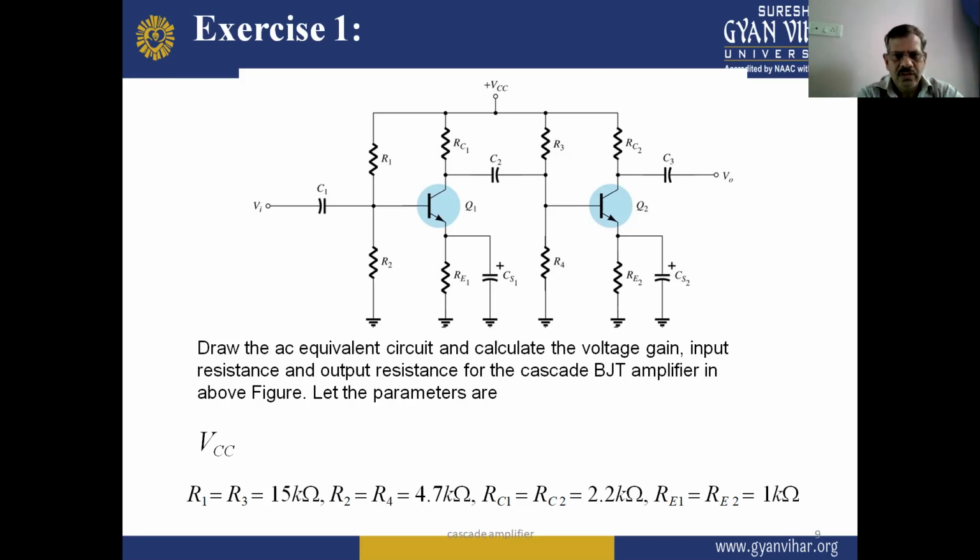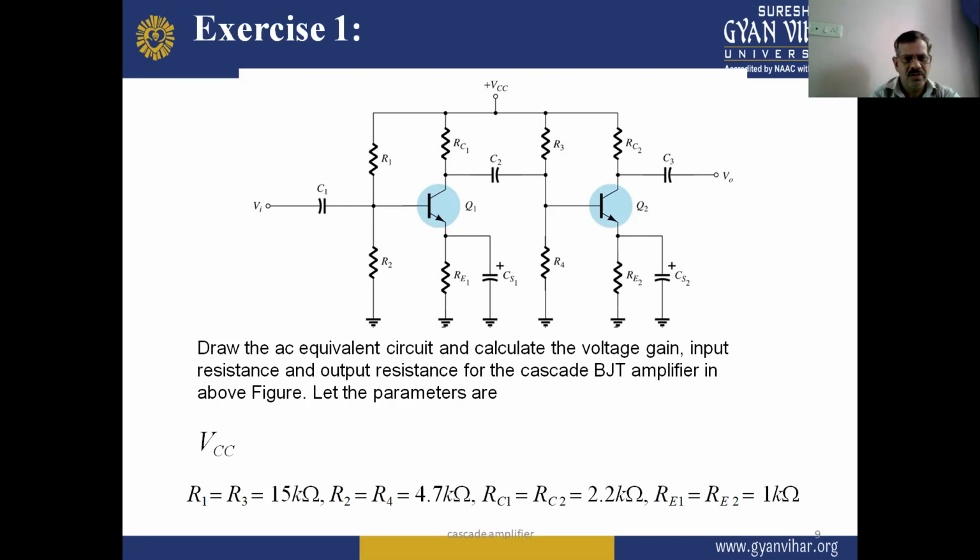So for this cascade BJT amplifier, we first of all draw the AC equivalent circuit, and after the AC equivalent circuit, we calculate the voltage gain, input resistance and output resistance for this cascade BJT amplifier.